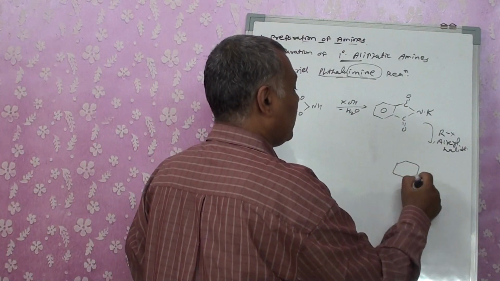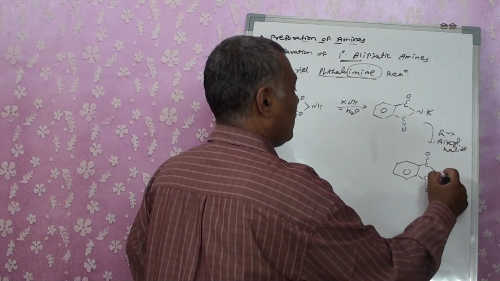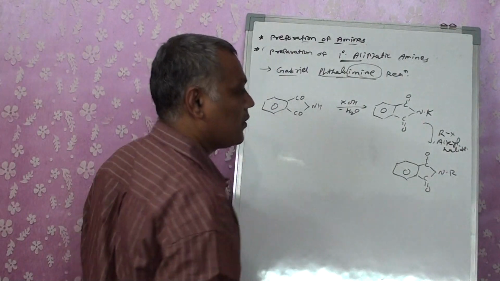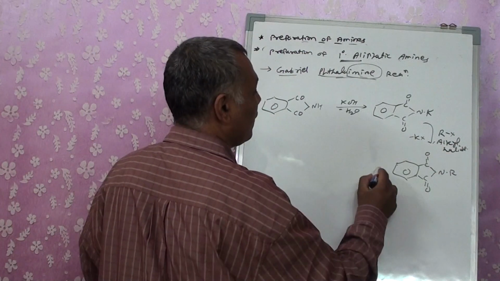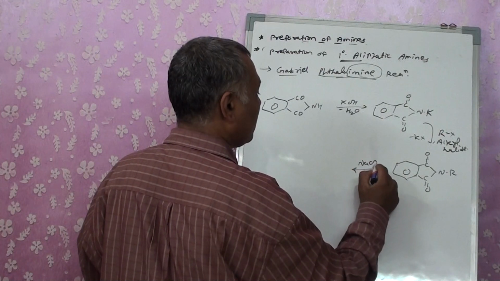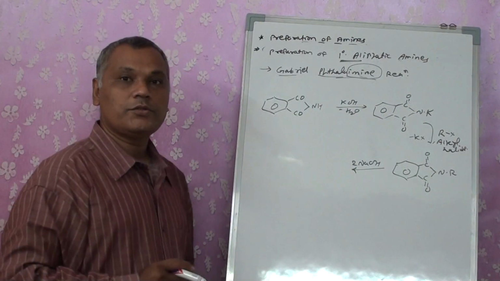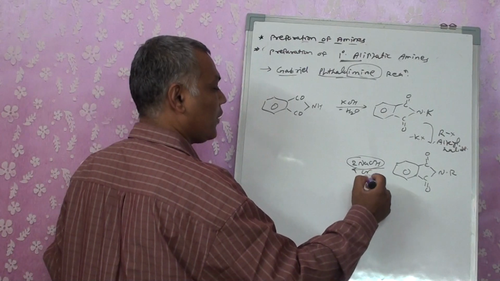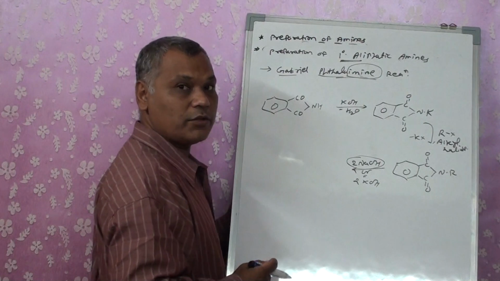The compound will get converted into NR, and KX is removed. This compound is then reacted with 2 moles of NaOH. Or in place of this, you can also use 2 moles of KOH, any alkaline solution.